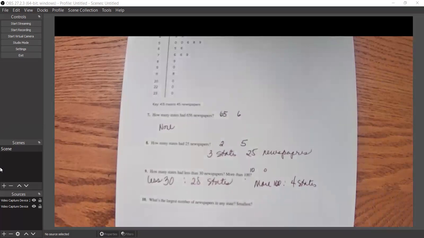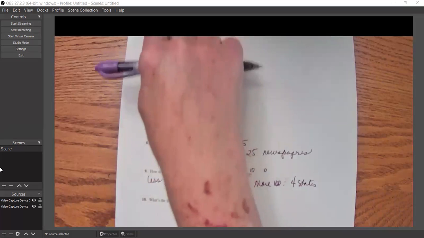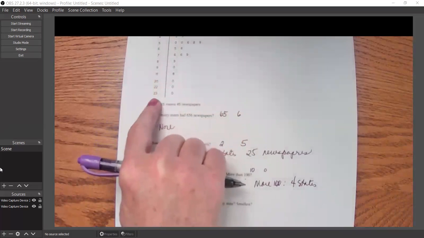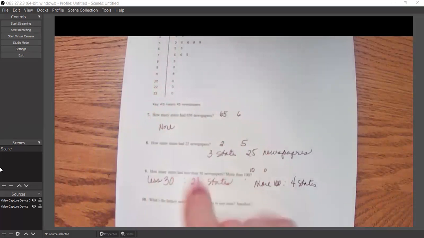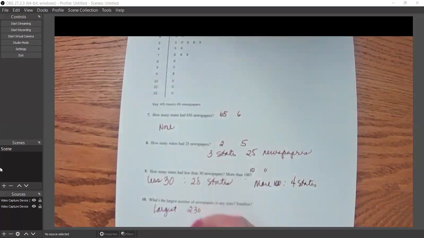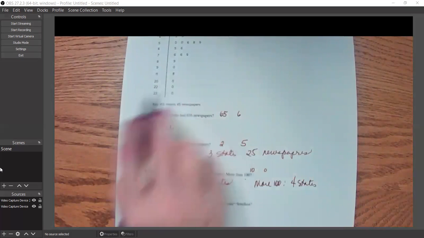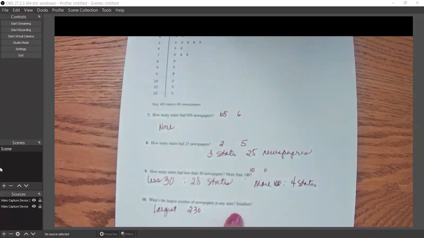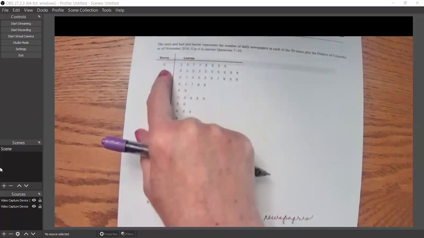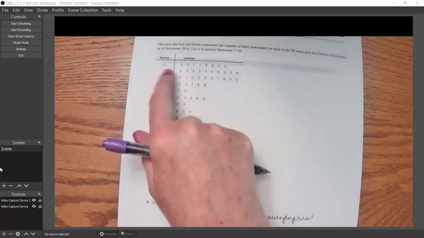And then what is the largest number of newspapers in any state? What is the smallest? The largest is going to have the largest stem and the largest leaf. So we would say the largest number of newspapers is 230. The smallest number of newspapers is going to have the smallest stem and the smallest leaf.